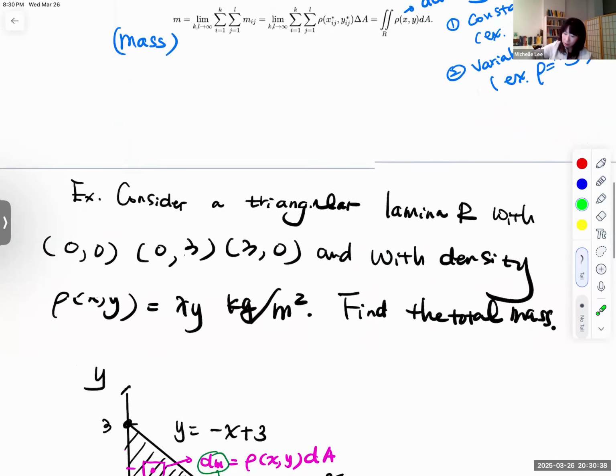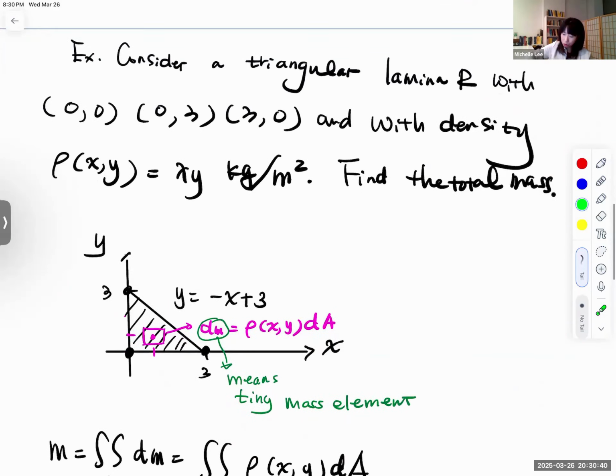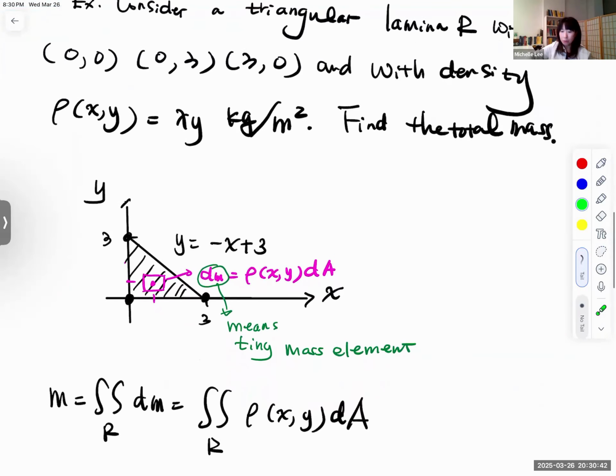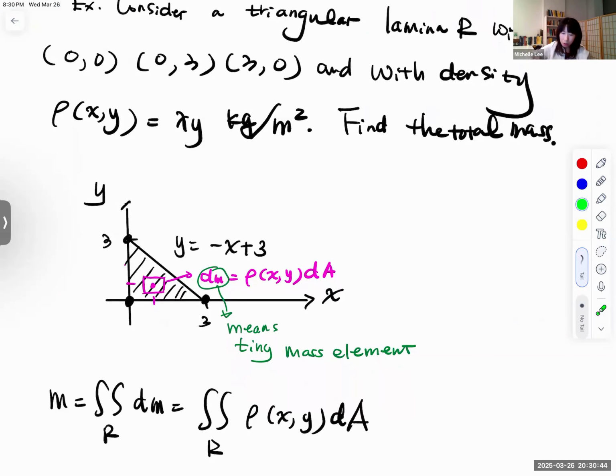So I draw here and write down the formula. We have (0, 0), and we have (0, 3), and then we have (3, 0). I connect them, and that is a triangle, right?